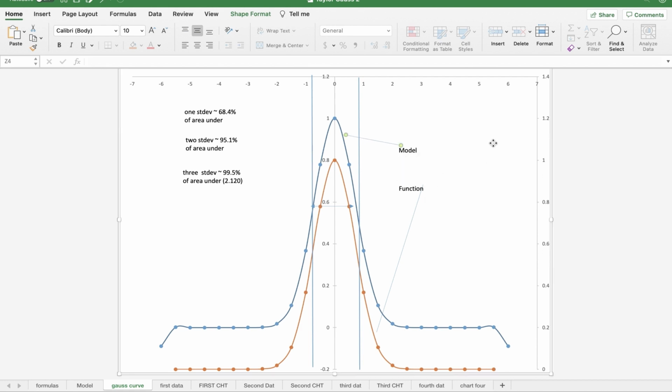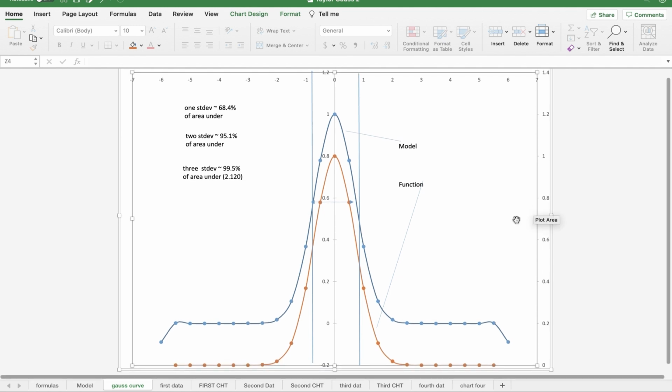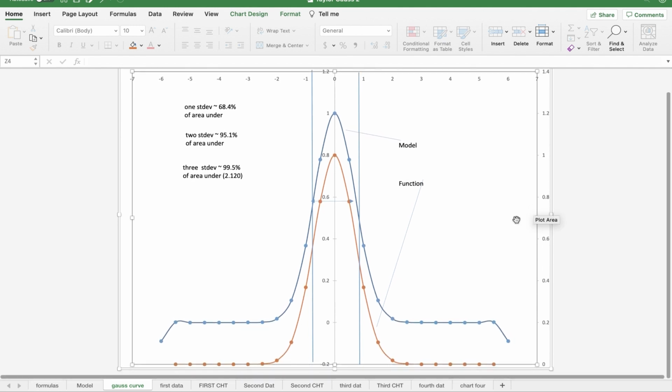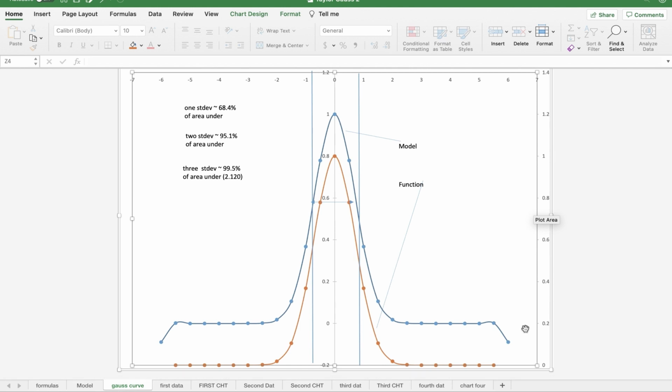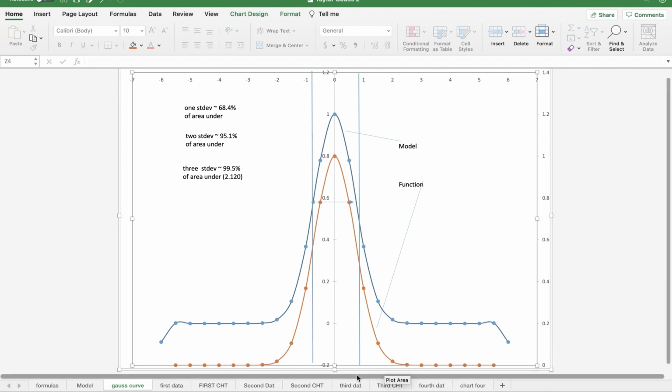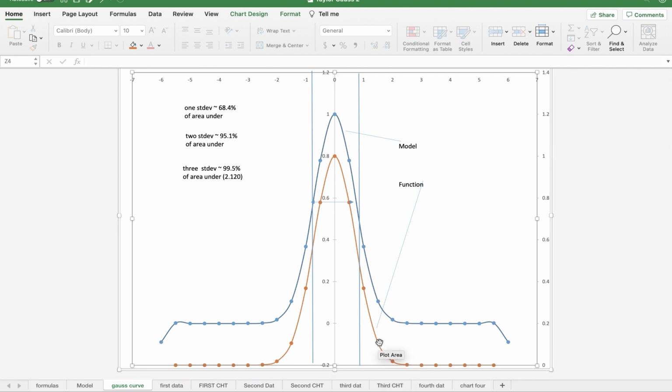You can see now they're actually scaled on the same scale. It's just that I offset the scales by 0.2. So 0 on the orange curve, which is the function itself, e to the minus x squared when you plot it, is at minus 0.2 on the scale for the model curve.